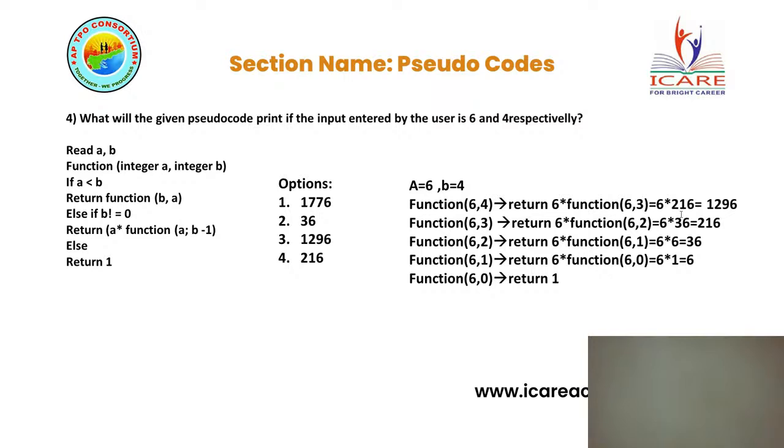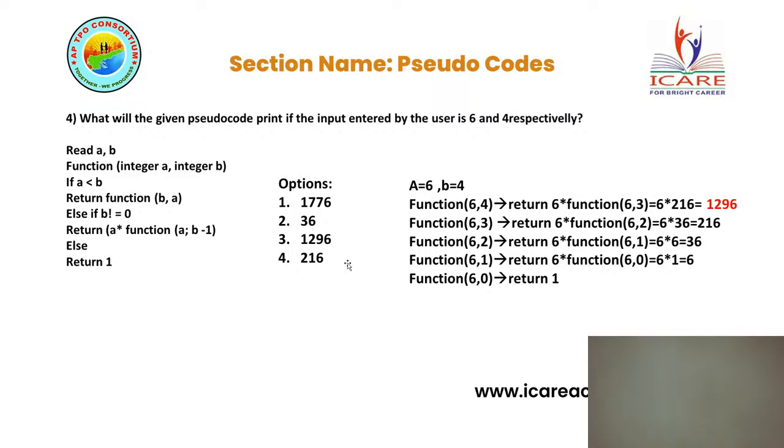Whenever we are calling 6 comma 4, we are getting the value 1296. Initially we called the function of 6 comma 4, so we are getting the value of 1296.